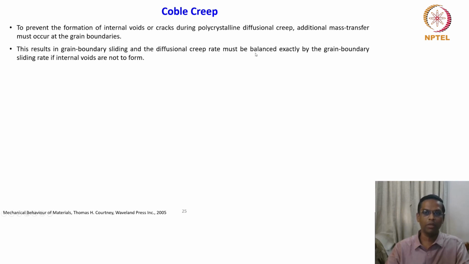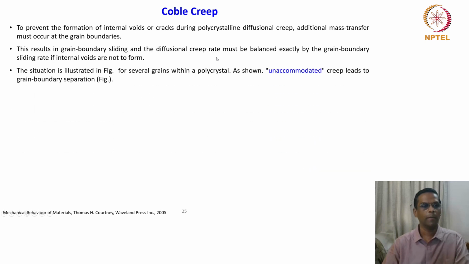Diffusional creep rate must be balanced exactly by the grain boundary sliding rate if the internal voids are not to form. So this is a dynamical process. It has to take place quickly to avoid the void formation, right? So these two rates have to balance with each other.